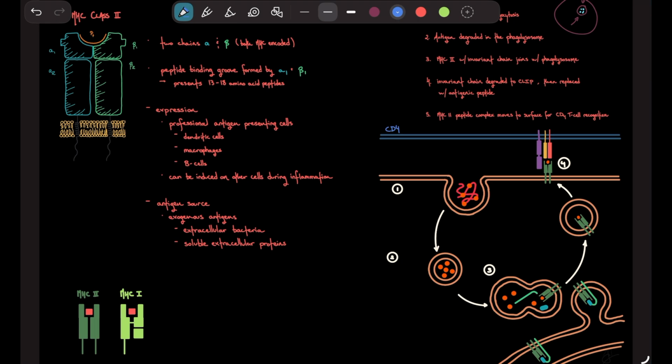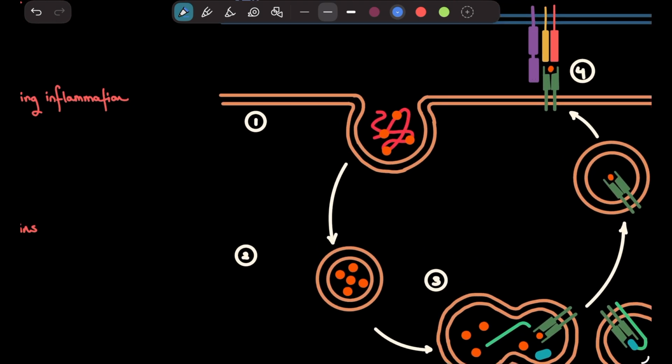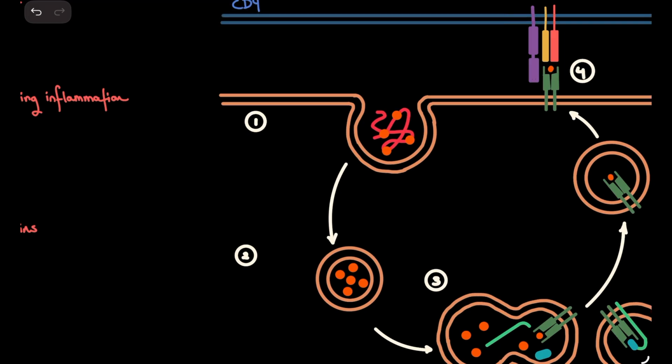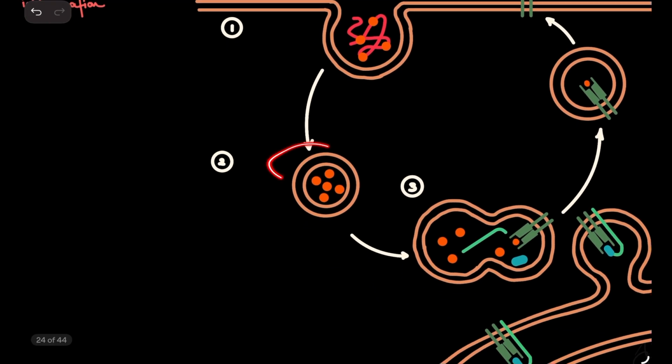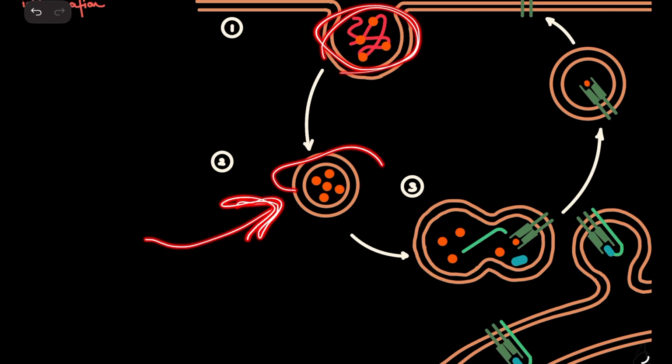Okay, let's visualize that. Phagocytosis. So I chomp some proteins, some exogenous material from the outside world, bring it in, and then pinch it off. And now I have my phagolysosome. So the phagosome is just going to get pinched off, and then a lysosomal complex will combine.